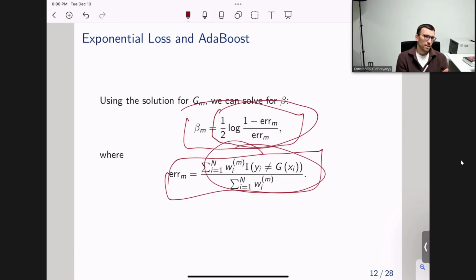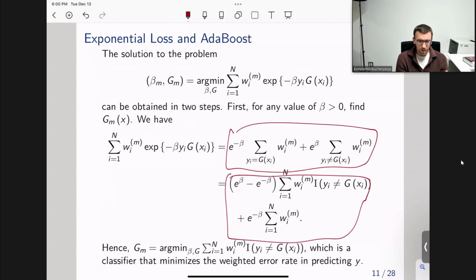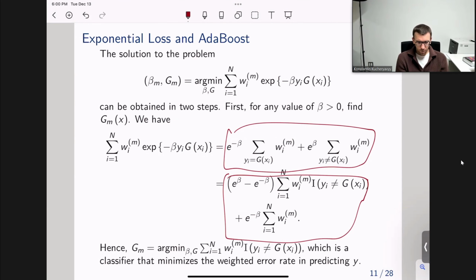For the exponential loss, a better alternative can be binomial deviance, which I'm going to show in a second, while for quadratic loss, a better alternative can be absolute deviation, absolute error. However, using these different loss functions doesn't give such a nice algorithm as the one that we have here.